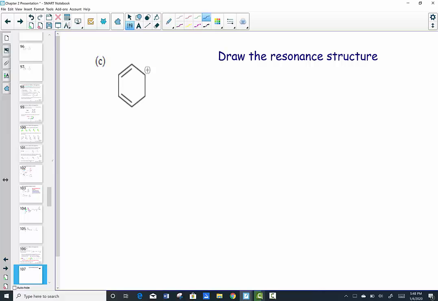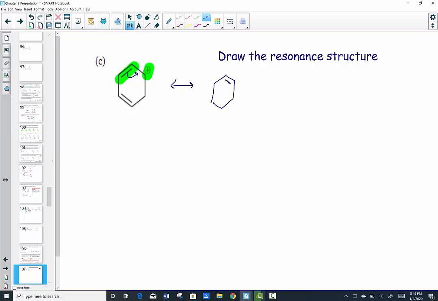So the first pi bond that is in the correct proximity to the carbocation are those two. And so remember, I can move one at a time. So this pi bond is going to move towards the positive. And what happens when I redraw?